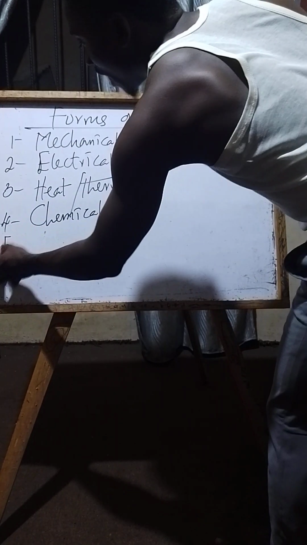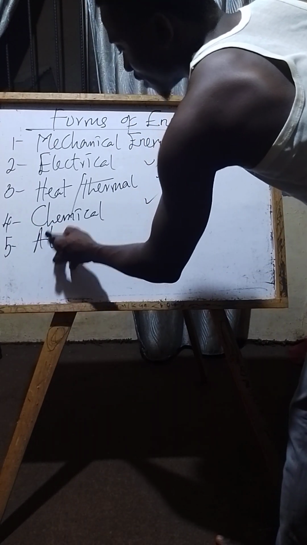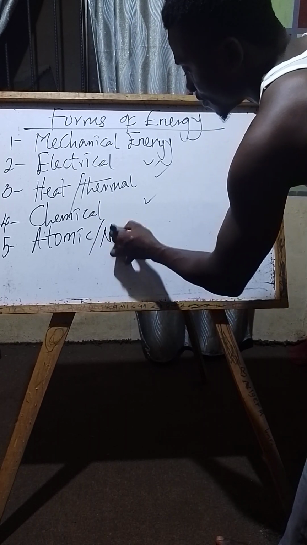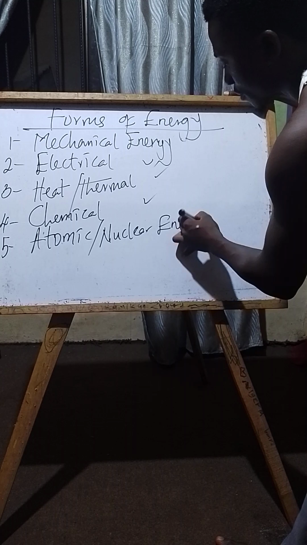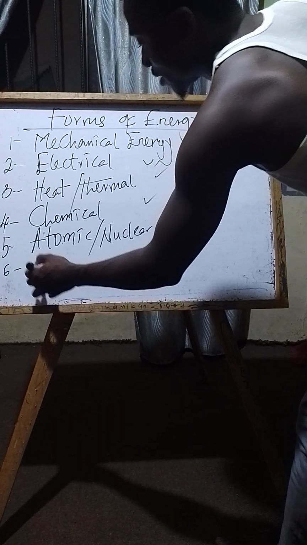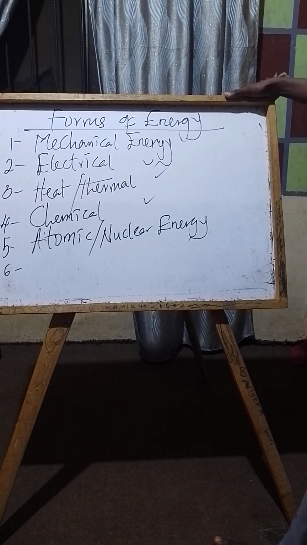Number 5, we have what? Atomic energy. The one you call atomic, I prefer to call it nuclear. Nuclear energy. Number 6, you have what? Light energy. Let's call it solar.